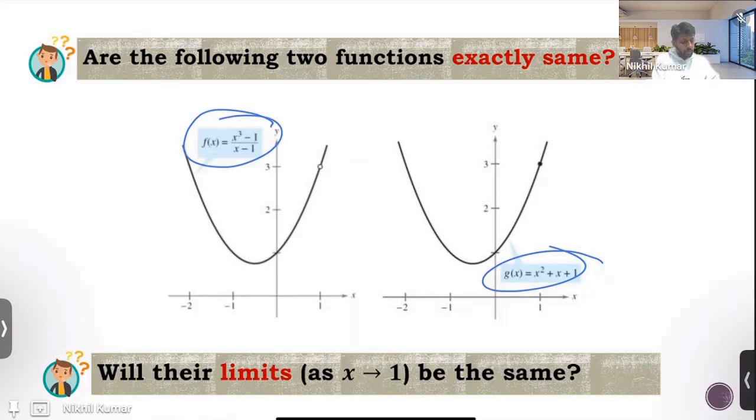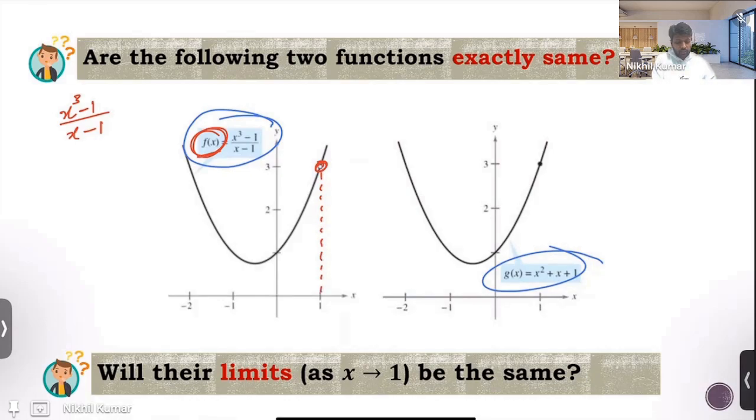I hope everyone remembers the expansion of a cube minus b cube. So if we have x cube minus 1 upon x minus 1, which is denoted as f of x, which is also plotted, I'll show you why this point is missing here.